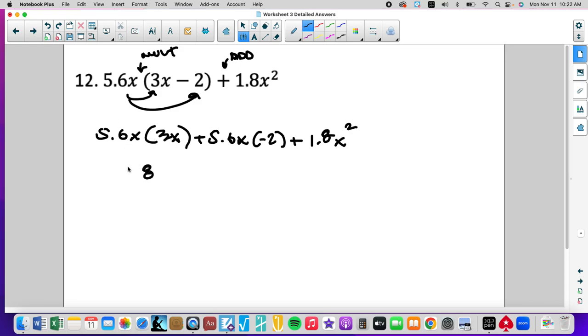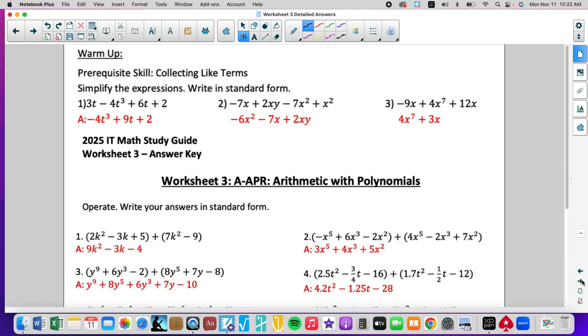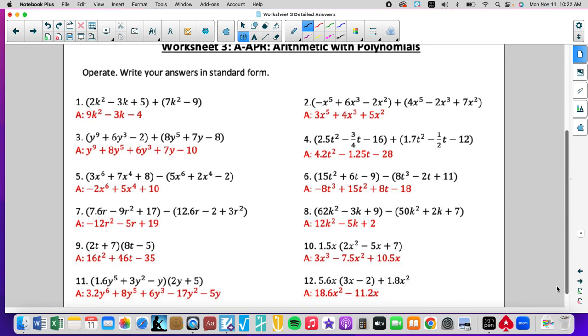That's 16.8x squared. And this is negative 11.2x plus 1.8x squared. Let's combine like terms. And that's going to be 8 and 8 is 16. 18.6x squared minus 11.2x. Is that the right answer?